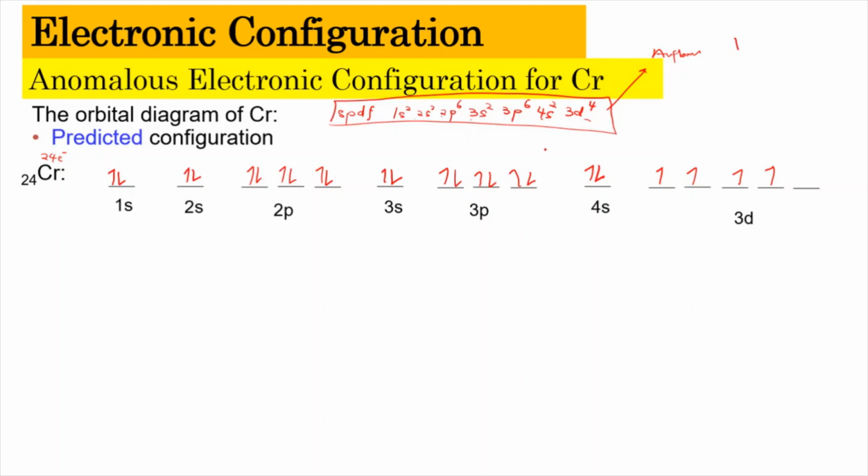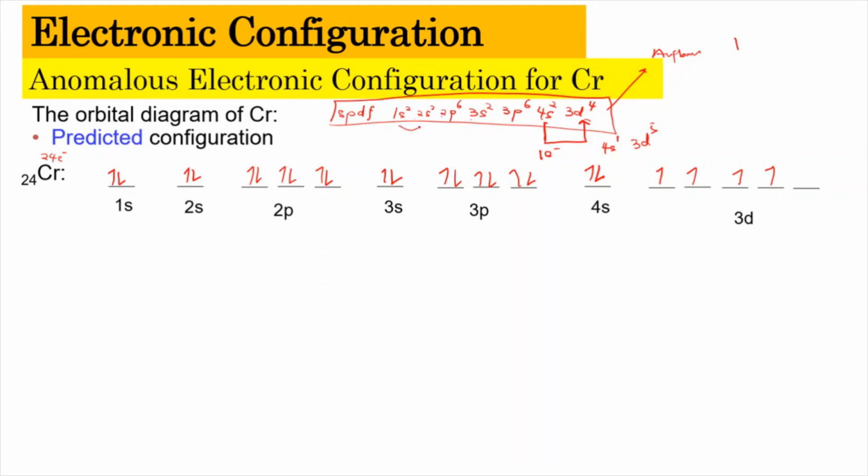But what actually happens is there is a shifting or a transfer of one electron from the 4s orbital into the 3d orbital. So one electron is transferred from the 4s orbital into the 3d orbital, so it becomes 4s1 and 3d5.